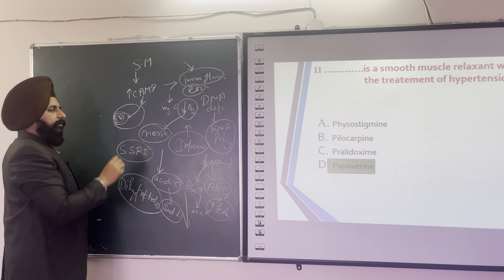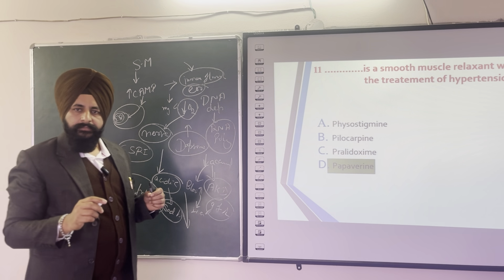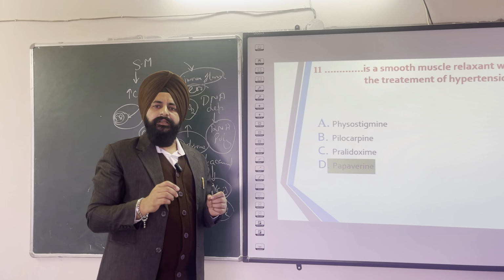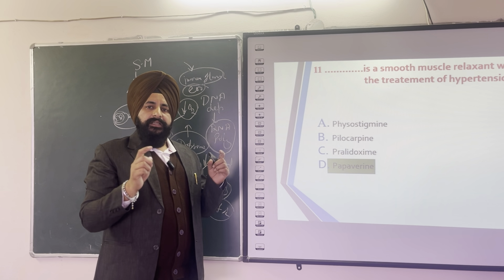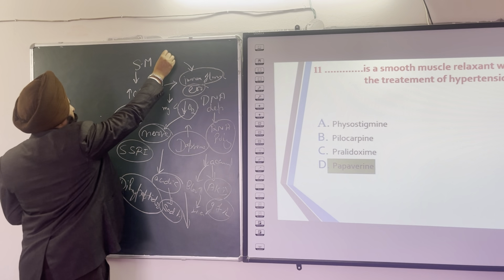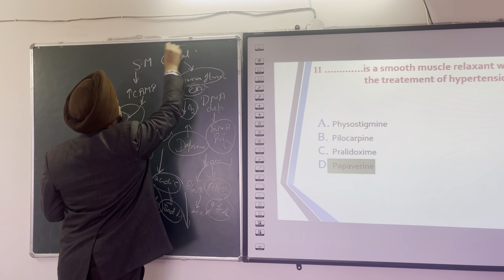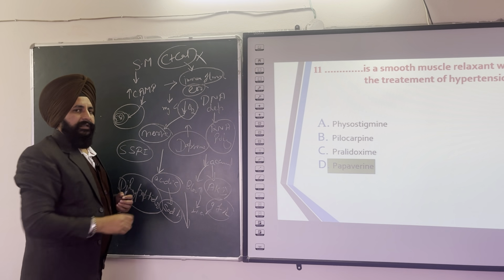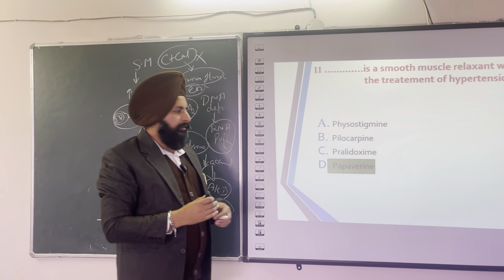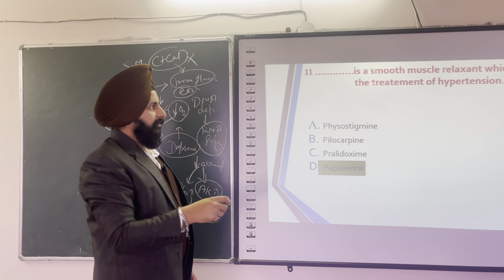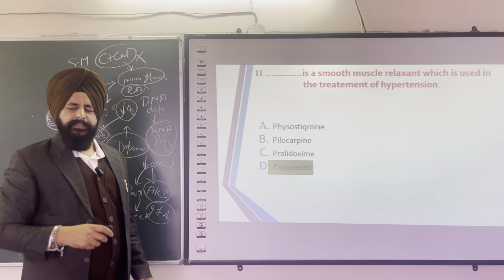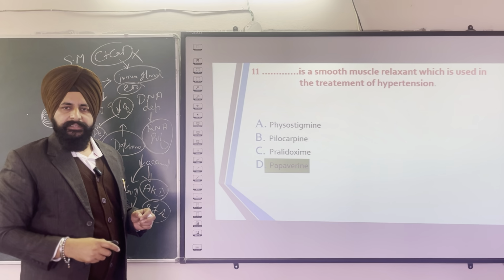So it lowers the intracellular calcium. So if calcium is not available, then the calcium along with the calmodulin will not be able to cause muscle contraction. So that's why papaverine is used as a smooth muscle relaxant and it is used as an antihypertensive.